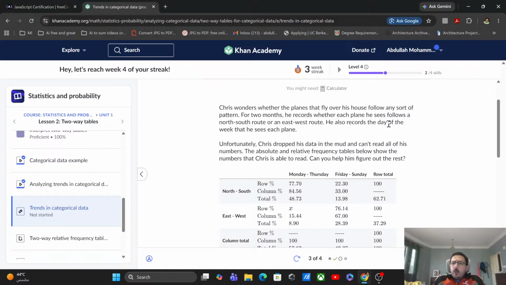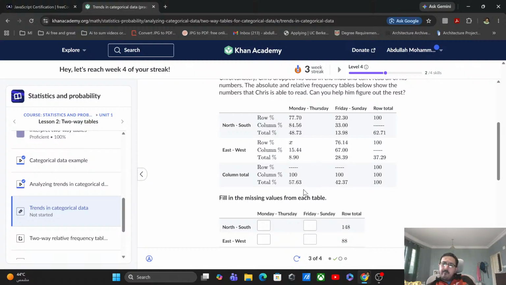He also records the day of the week that he sees each plane. Unfortunately, Chris dropped his data in the mud and can't read all of his numbers. The absolute and relative frequency tables below show the numbers that Chris is able to read. Can you help him figure out the rest?